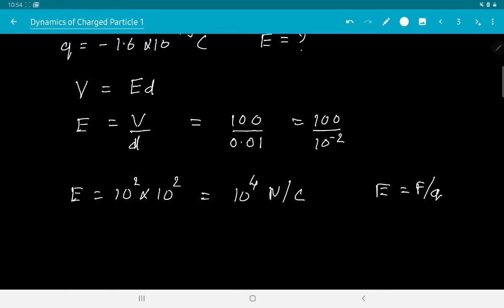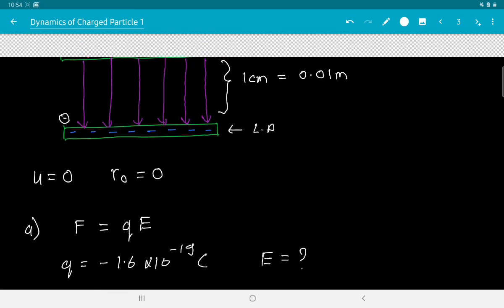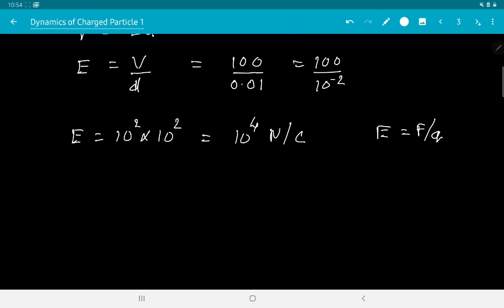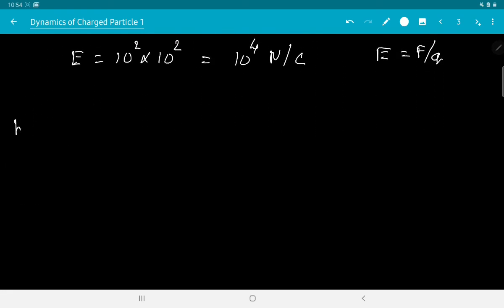Now the next thing they have asked is the kinetic energy of the electron when it reaches the other plate. That means, what is the energy when it reaches this plate? As it is an electron, it is going to move in this direction. To find the kinetic energy, we will first have to find the velocity of the particle when it reaches the other plate.